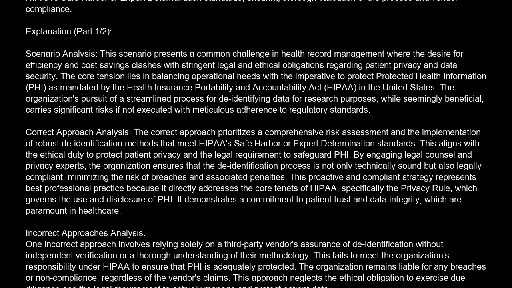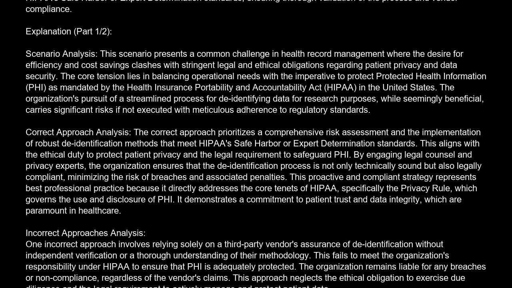Correct approach analysis. The correct approach prioritizes a comprehensive risk assessment and the implementation of robust de-identification methods that meet HIPAA safe harbor or expert determination standards. This aligns with the ethical duty to protect patient privacy and the legal requirement to safeguard PHI.